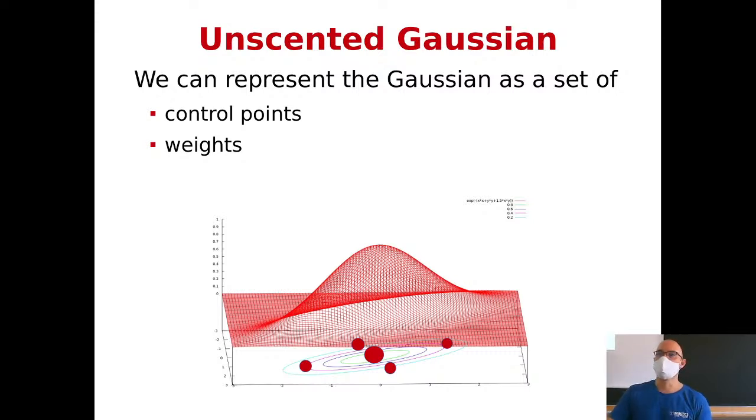Anyway, instead of using a million of samples, the unscented transform uses a deterministic number of these samples, these points, in the space of the distribution, which depends on the dimension of the Gaussian.